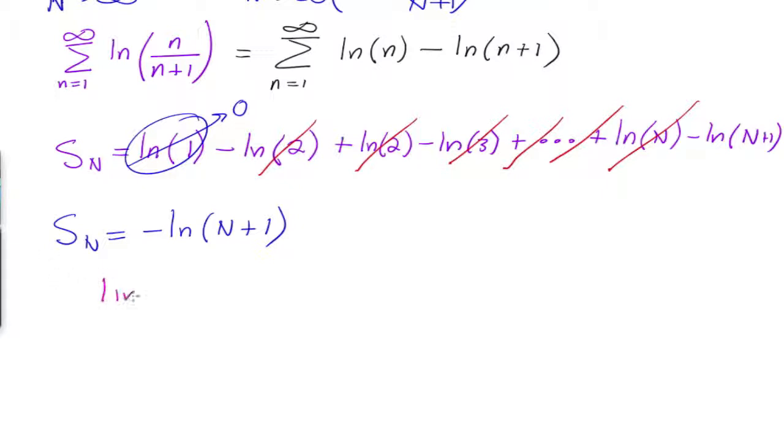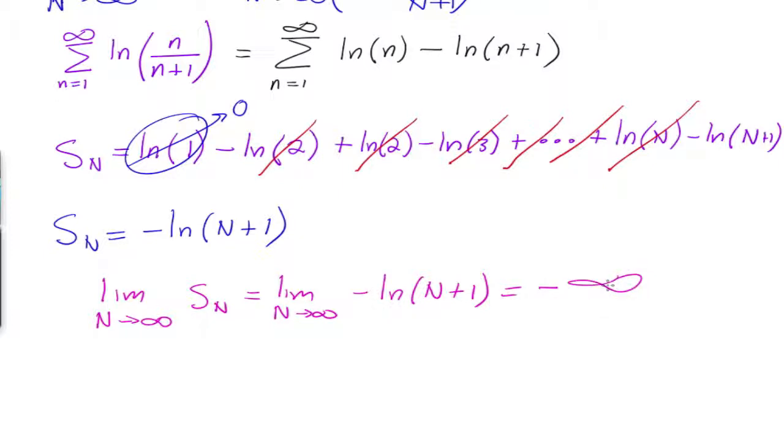Then if I take the limit as n goes to infinity of the nth partial sum, this is the limit as n goes to infinity of negative ln of capital N plus 1. And that is equal to, as n goes to infinity? Yeah, it's negative infinity, because of the negative on the outside.